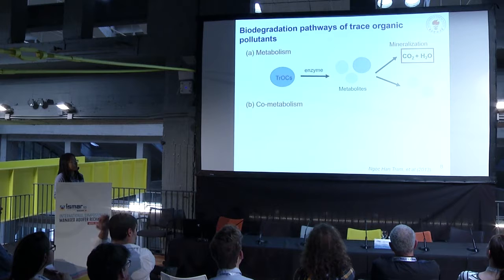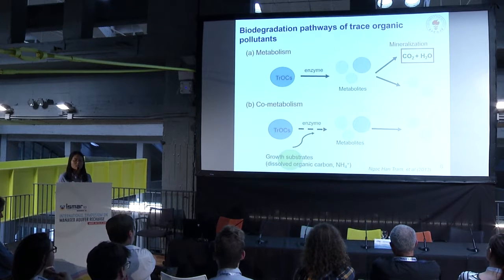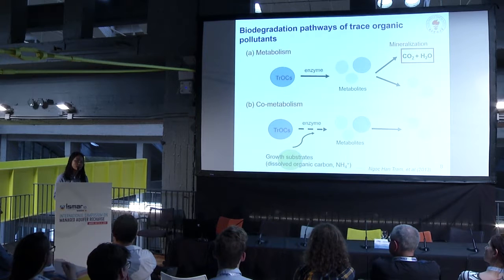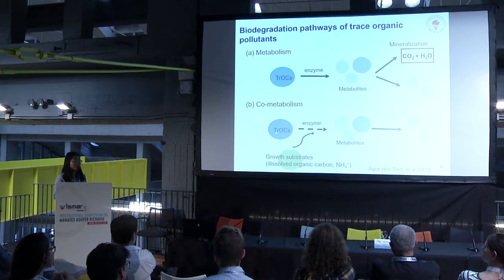Compared to metabolism, in co-metabolism the trace organic carbon concentration is too low or is a bit toxic for the bacteria, so it cannot be directly utilized by the bacteria. So the bacteria use some extra growth substrate like dissolved organic carbon or ammonia to produce energy, and by some chance they also decrease or remove organic carbon and then convert it to metabolites and so on.